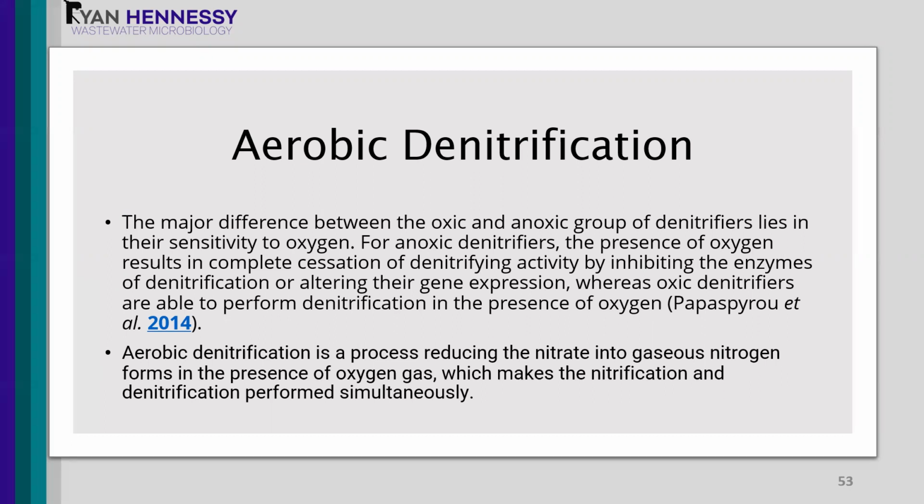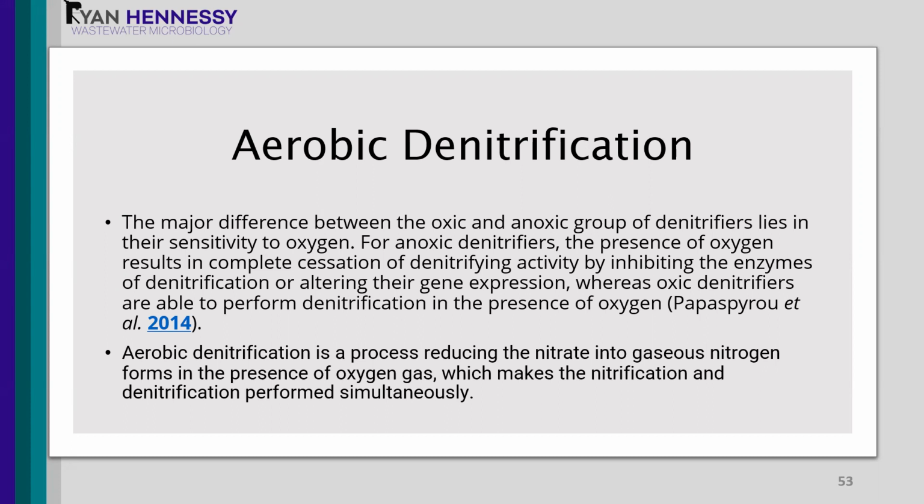So there is a potential for aerobic denitrification. There are certain types of bacteria that can actually denitrify in the presence of oxygen. It's not super common, but it is something that can happen.